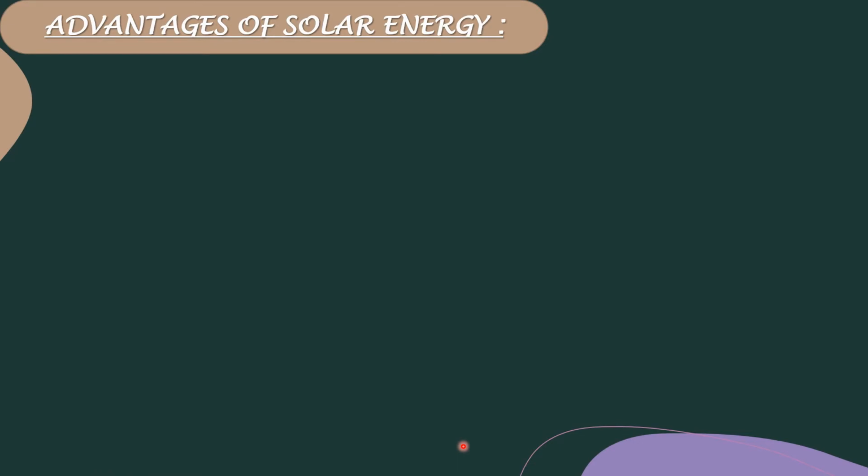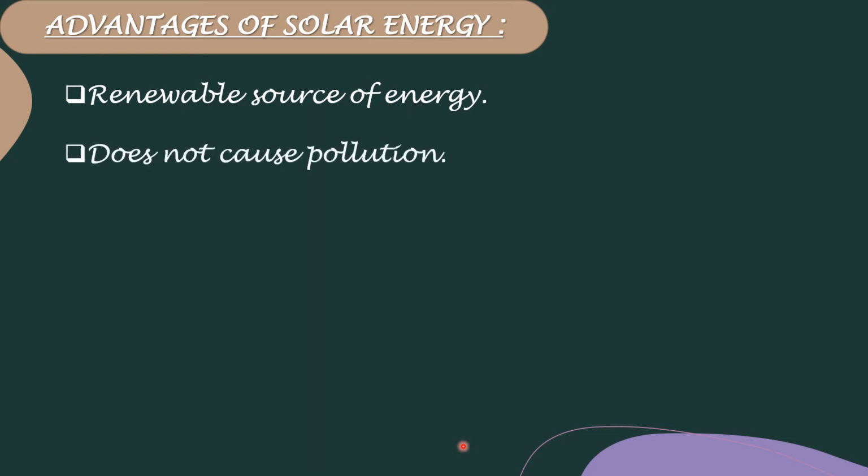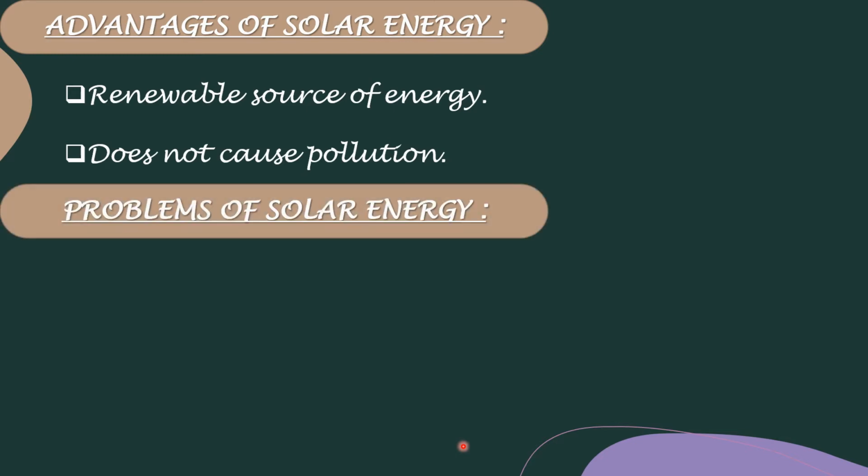Now let's see what are the advantages of solar energy. Solar energy is a renewable source of energy, and also electricity is generated without any fuel combustion, so there is no air pollution. That means solar energy does not cause pollution. Now what are the problems of solar energy, or we can say the limitations of solar energy?